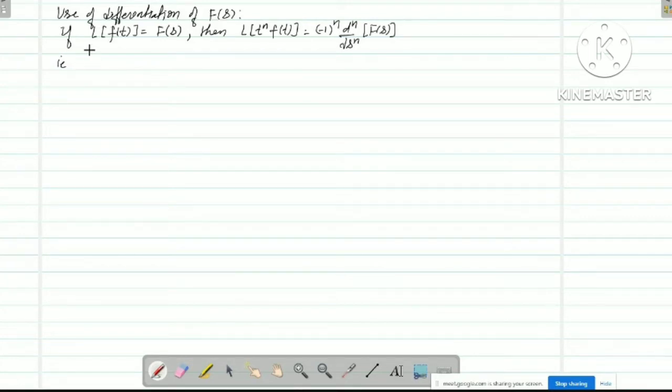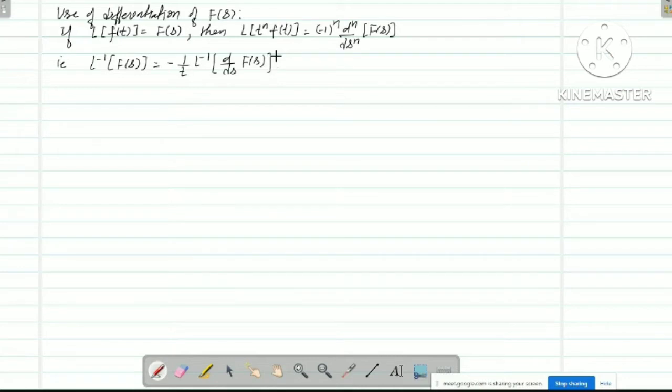That is, L inverse of the function f of s is equal to minus 1 by t L inverse of d by ds of the function f of s. Okay, so this is the formula we will use to find inverse Laplace transform of the function f of s.